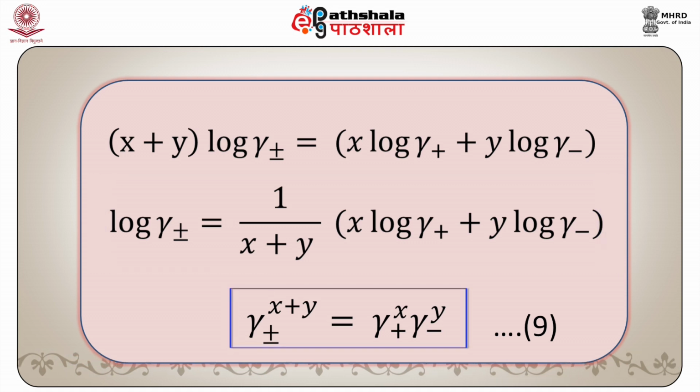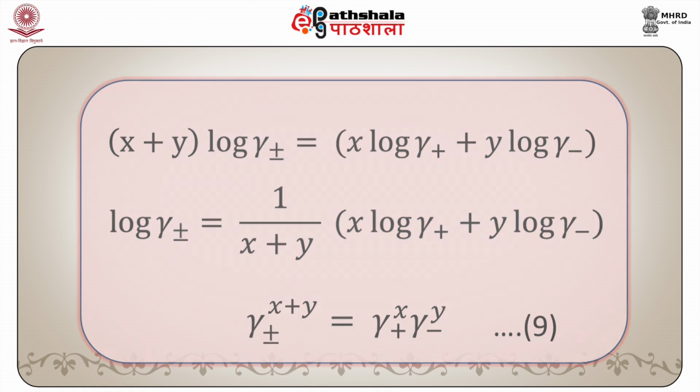Or this can be further written as gamma± raised to power of (x plus y) is equal to gamma+ raised to power x into gamma- raised to power y. In this equation, the values of x and y depend on the nature of the electrolyte.